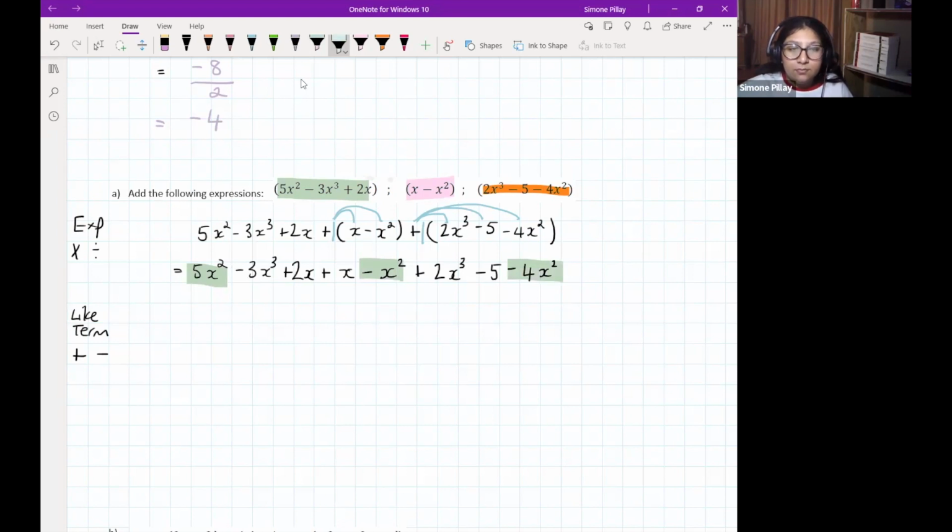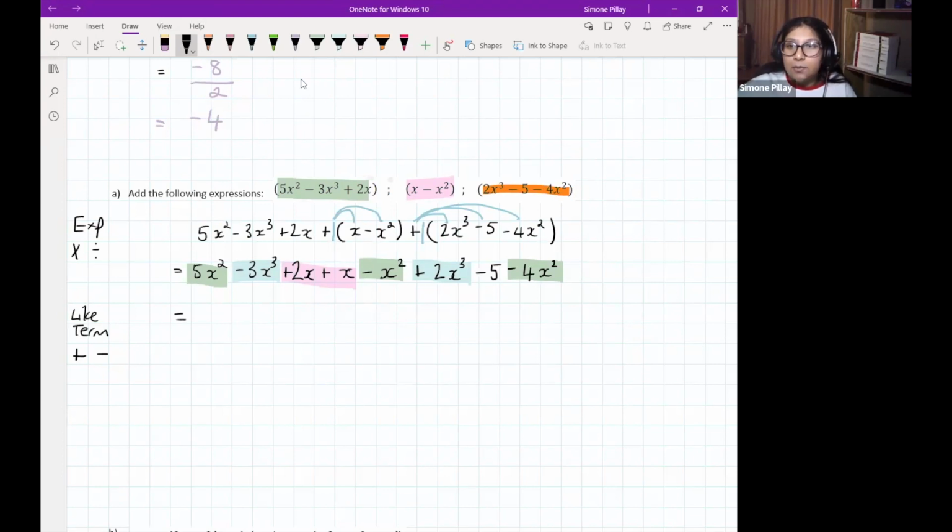And the next like term we have is negative 3x cubed with positive 2x cubed, and that's it. And then we have negative 2x, and then we have positive x, and then we leave 5 as a non-like term because it doesn't have a match. Good job. Next.